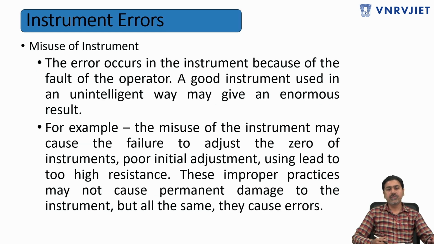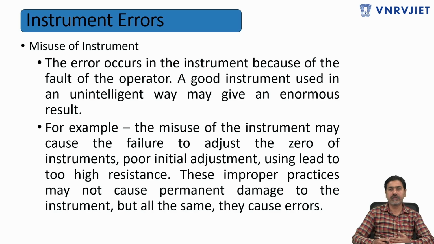And misuse of instrument is because of the experimenter, as some instruments will work only within a prescribed or specified range. Because of failure of the system when we use it outside the range, or improper adjustment of the instrument, or poor calibration, these are the reasons for instrumental errors because of misuse of the instrument.